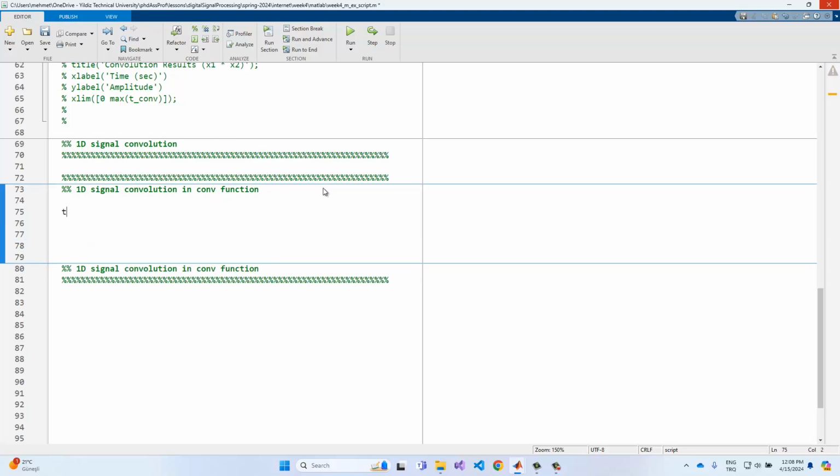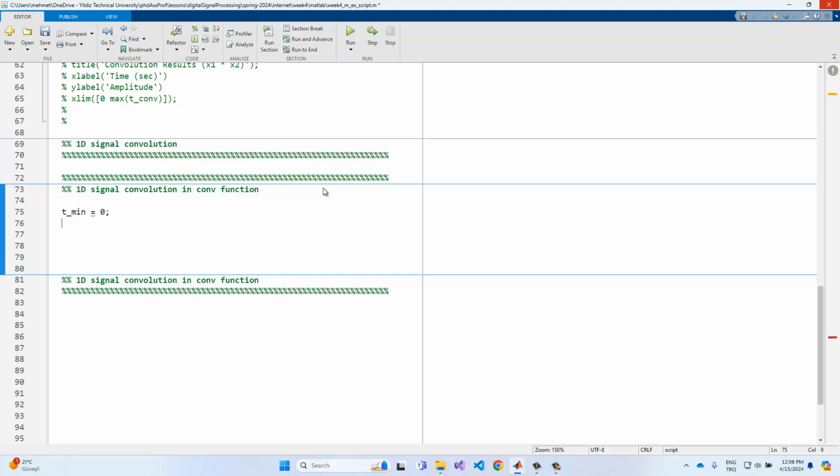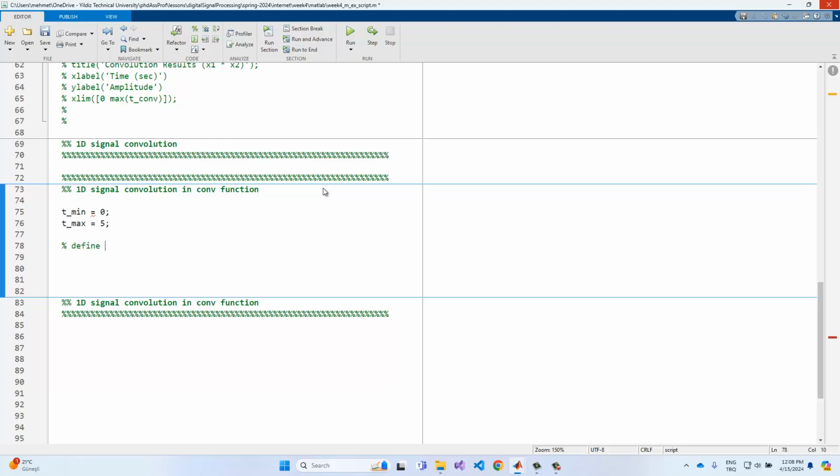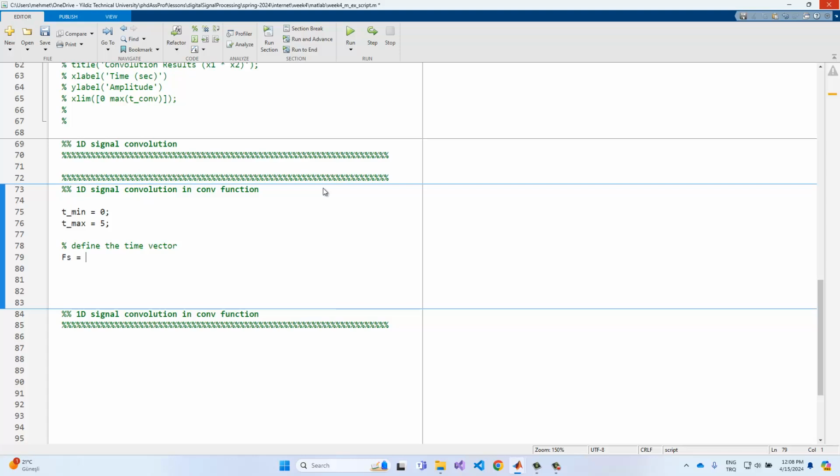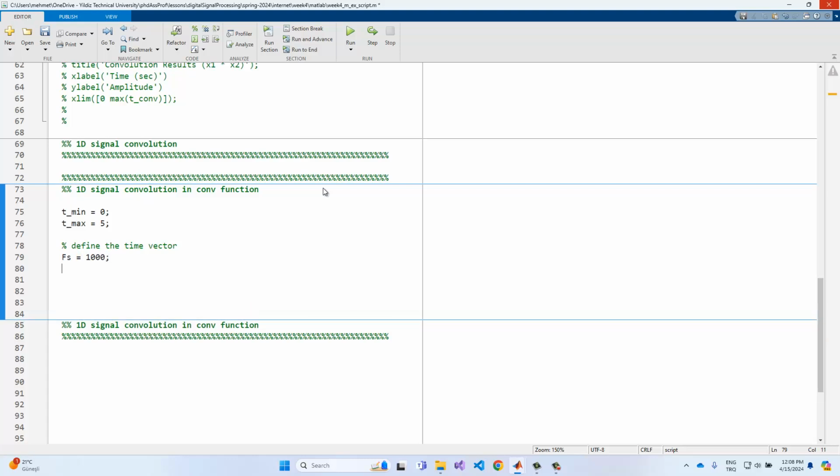Okay, and so t_min is 0, t_max is 5, and after that we can define the time vector in here, the fs, for example 1000. This is the sampling frequency, and the t can be defined with t_min, 1 divided by fs, and t_max can be given in here.